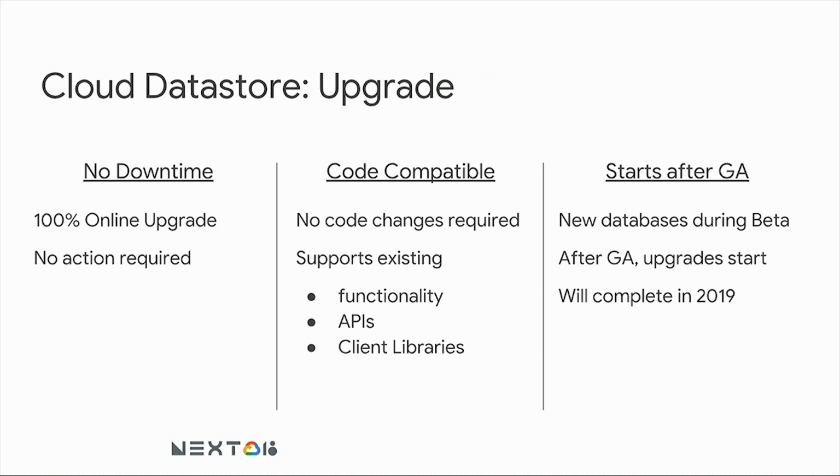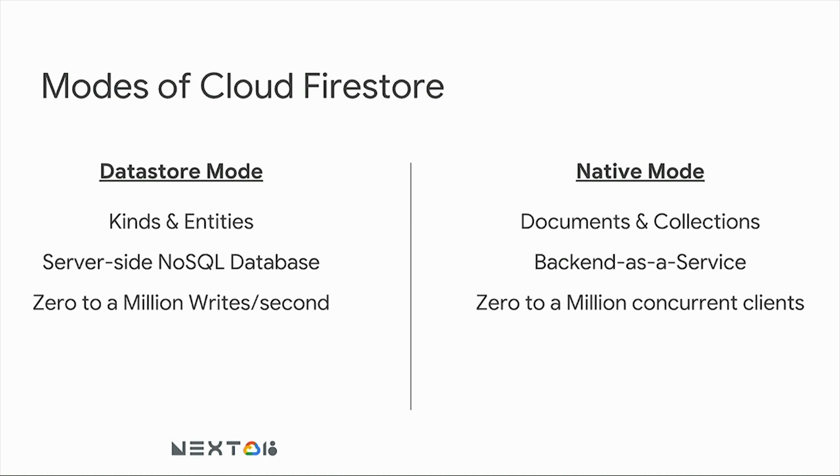There is no action required on your behalf. We are going to handle everything. There are no code changes that you need to do, and all the existing functionality, APIs, and client libraries you use will still work. If you want to play with it early, you can create new databases during our beta period, and once we get to GA, we will start upgrading.